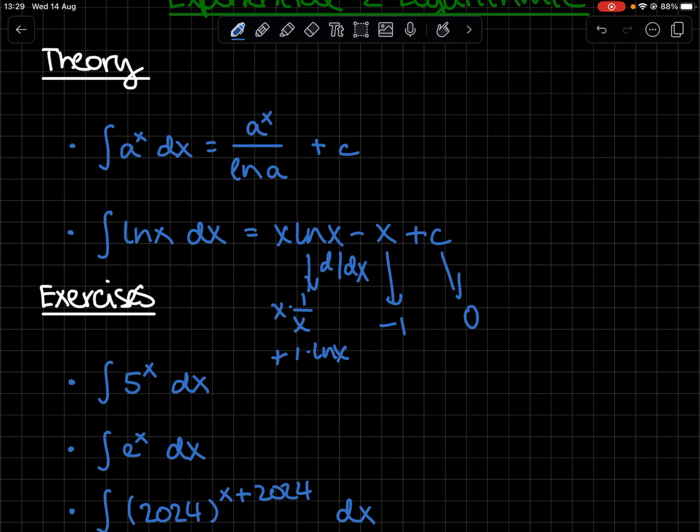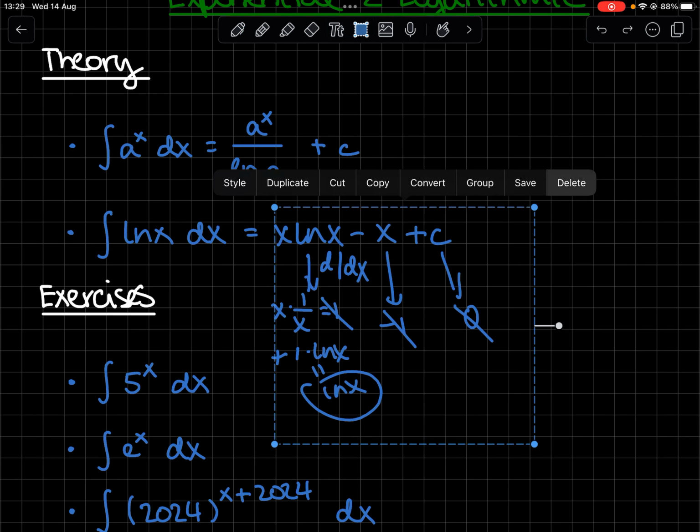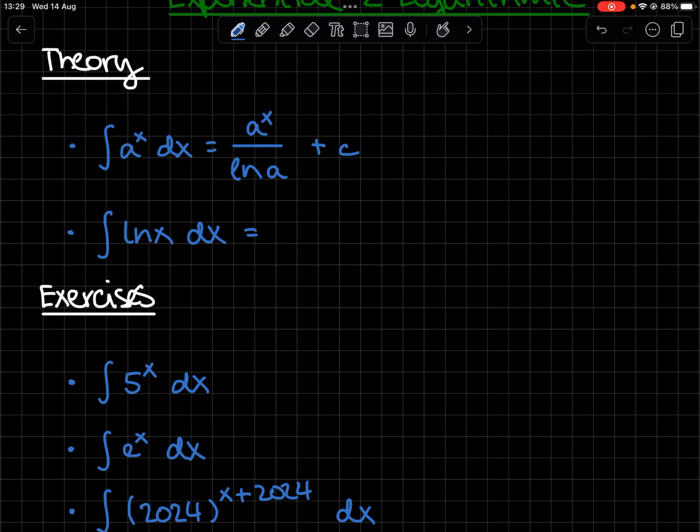So when you sum all of these up, this is just 1, this is just ln x. So together, 1 and minus 1 cancel out, 0 is just 0, so you're just left with ln x, which is what we have over here. So this shows that this rule is actually correct.